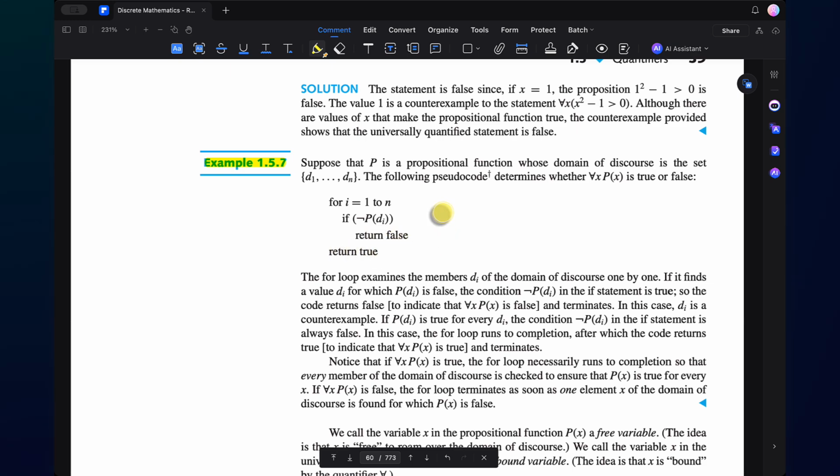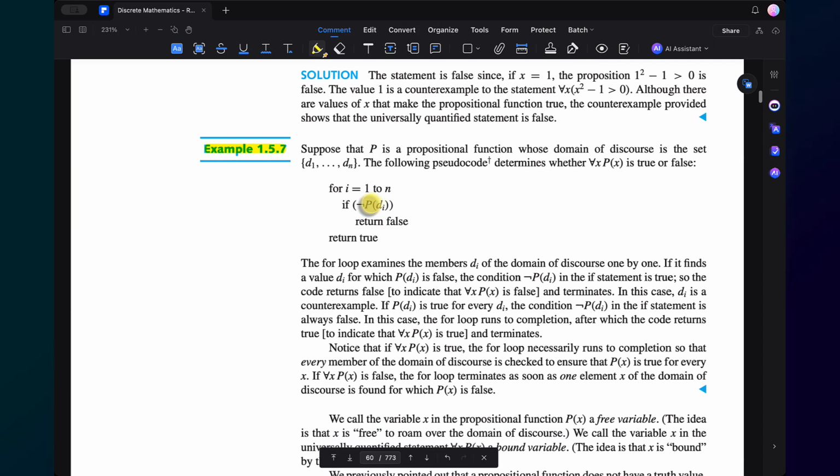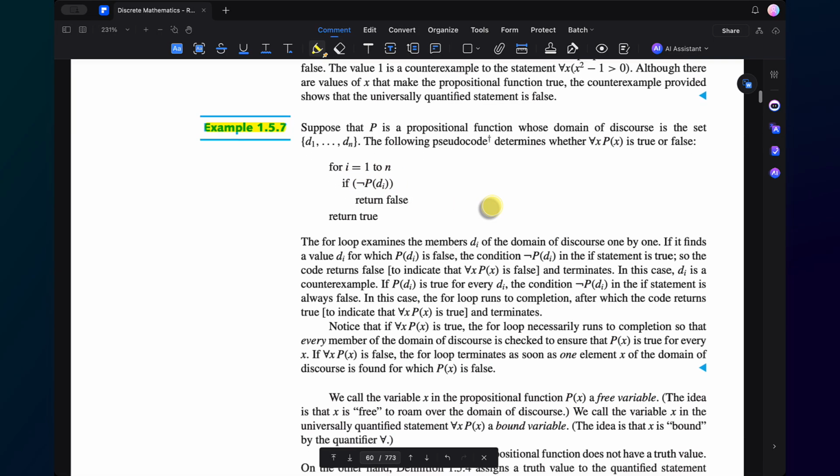In other words, there must be a test here, a program to test whether not P(Di) is false. If it returns false, then you return true. And if it turns out that that is always, let's see, how does that work? What happens if it returns true? Then you just go back up and do the next one. I guess that's how loops work.